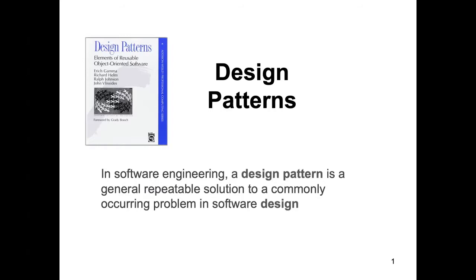And over time, good quality designs to these problems have emerged, and they've been cataloged and documented for the rest of the community to use. In fact, the image there that you see on the left is the cover of a text that was published way back in 1994. So as a topic, it has been around for many, many decades.